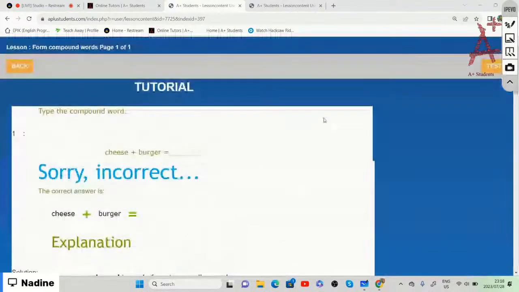So that is basically how to form compound words. And remember, compound words, once again, are two small words that are combined together in order to make a compound word, right? So we're going to the test.